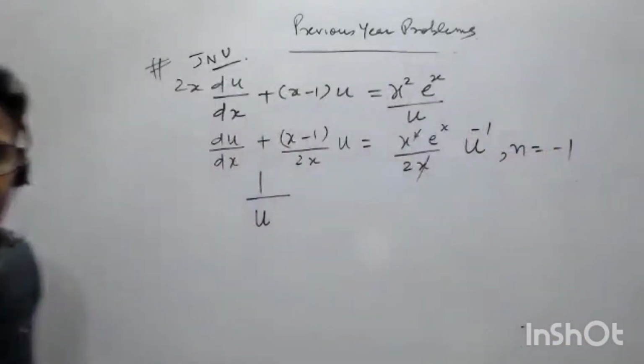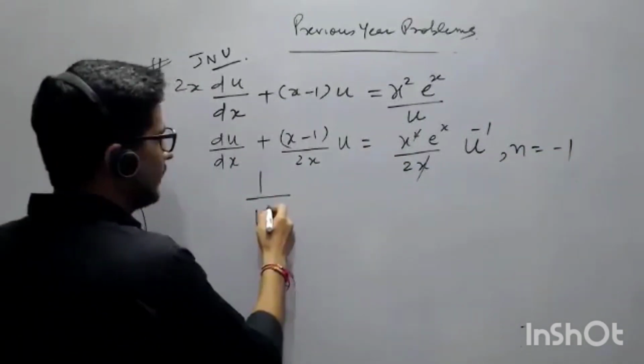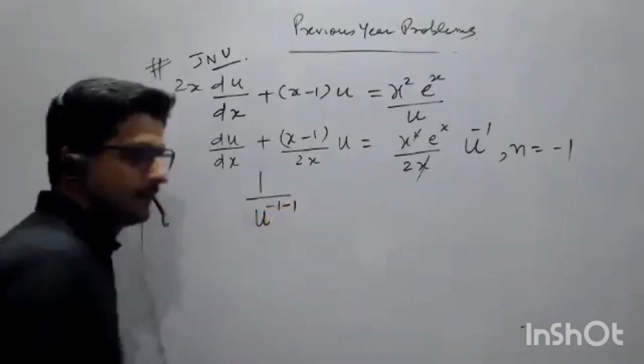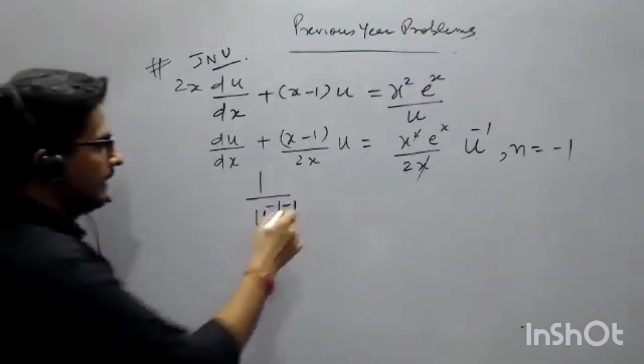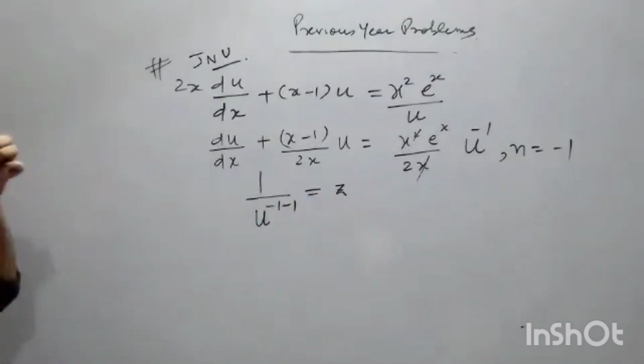n is -1, so 1 upon y to the power n minus 1 will become z. This was the substitution to make it linear.